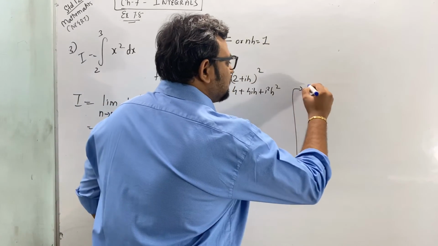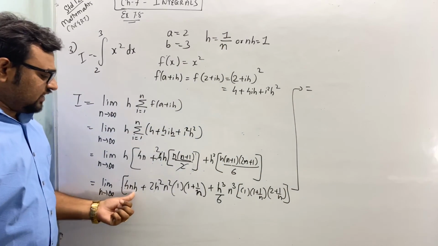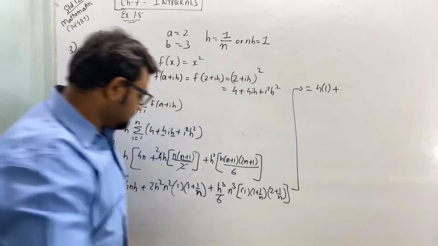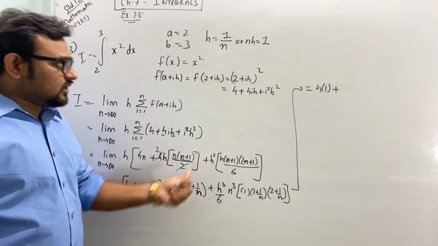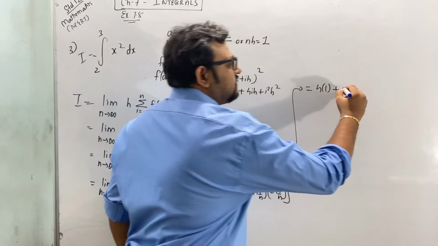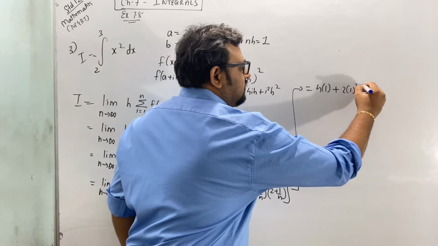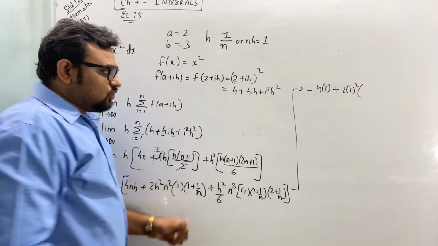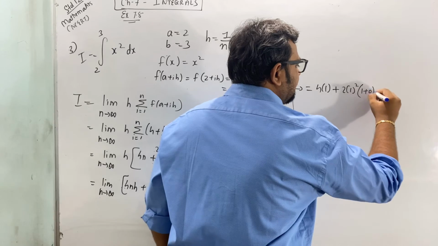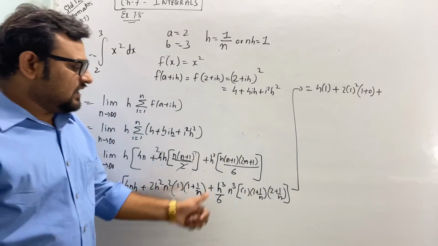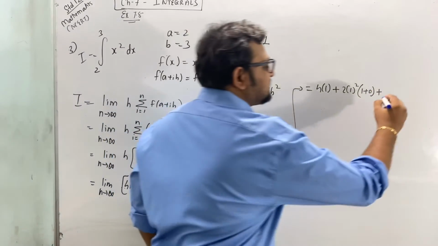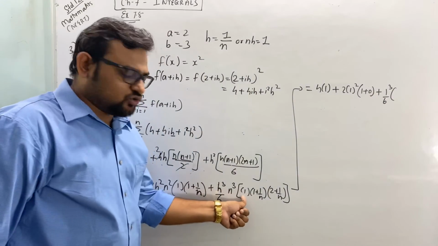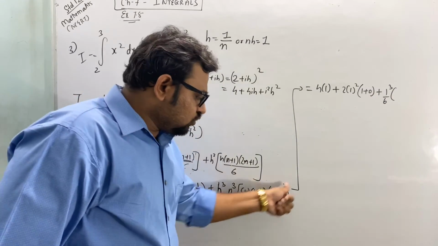So this will be equal to 4 into nh, 1, plus 2 h square, 2 into 1 square into 1, so it's 1 plus 0, plus h cube n cube, means 1 cube by 6, is 1, so no need to write down, 1 plus 0, 2 plus 0.